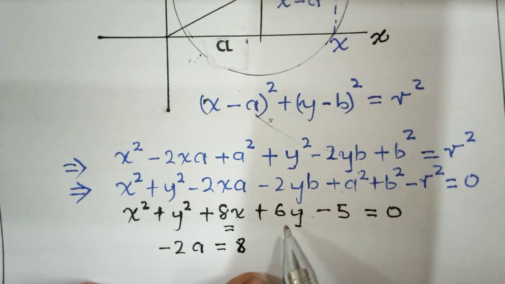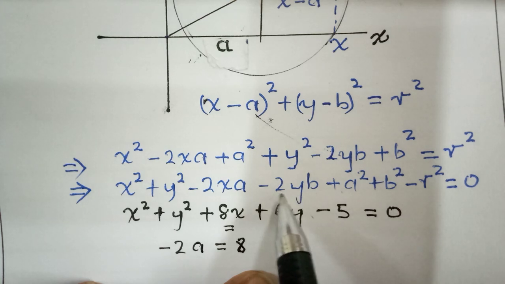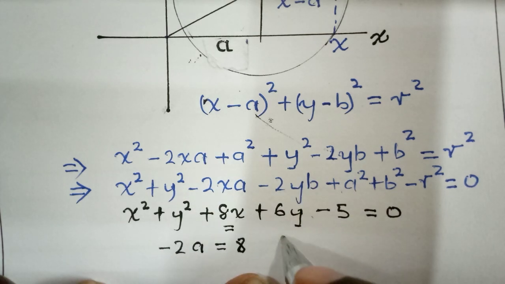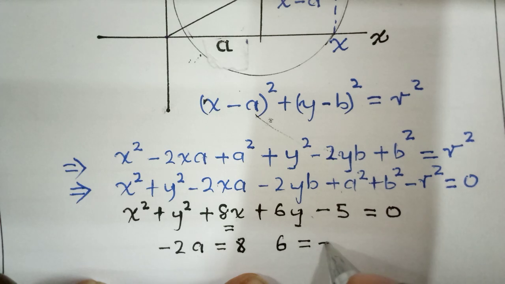We come to this point now: we look at minus 2yb and this y, so we can also say that 6 equals minus 2b.